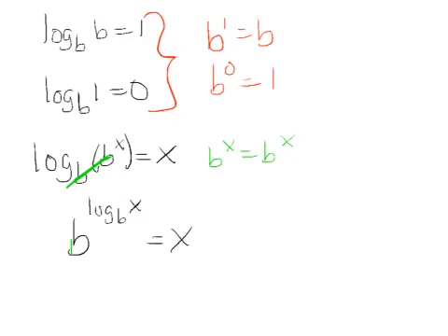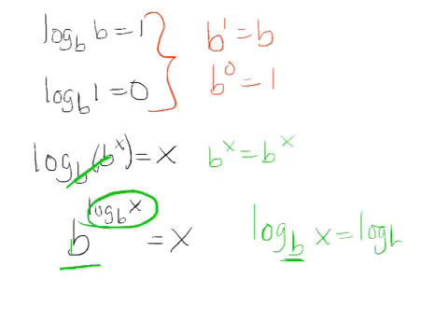And if you have b to the log base b of x, if we took the logarithm of both sides, we know that log base b of this b to the log base b of x is equal to the exponent, which is log base b of x, equal to x. And that's why those work out. But it's just a little less obvious.